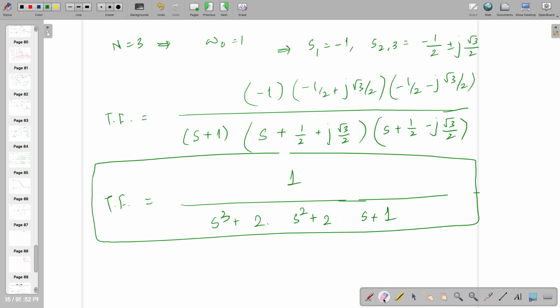By the way, the transfer function is VO by V in. So V in is equal to VO S cube plus VO times 2S square plus VO times 2S plus VO. You can write it the other way around also; VO in terms of V in is also possible.